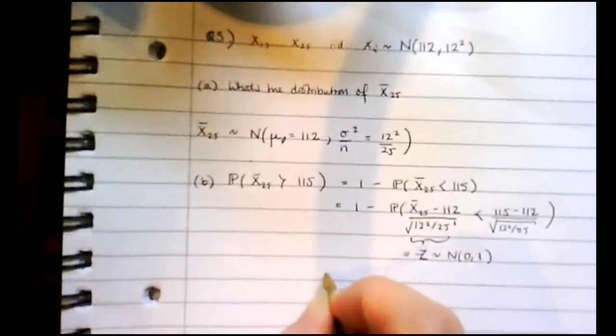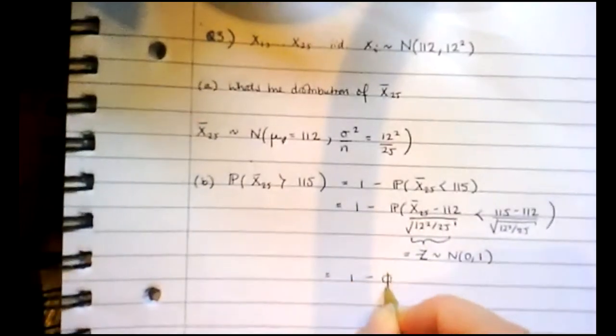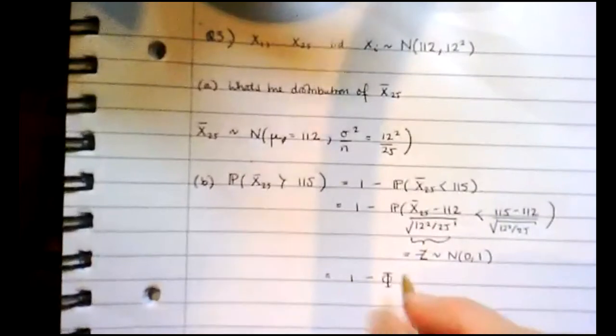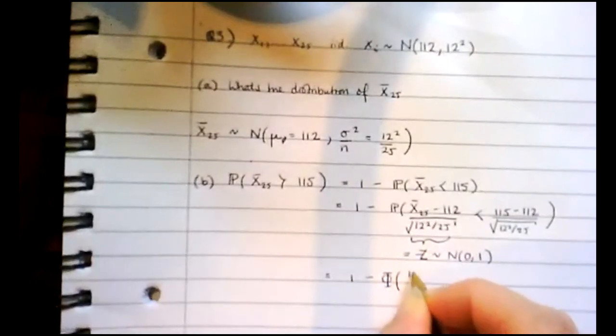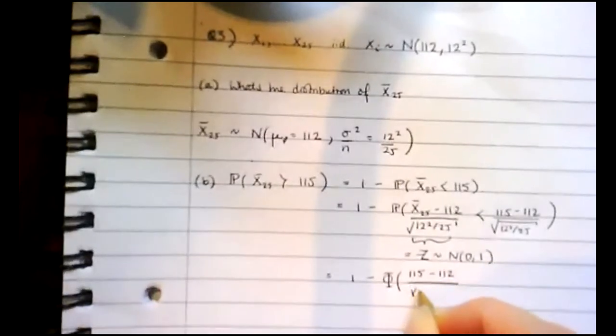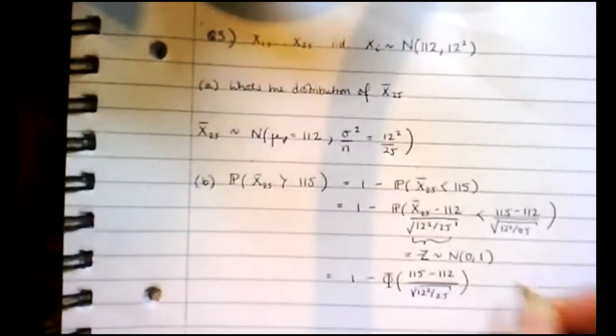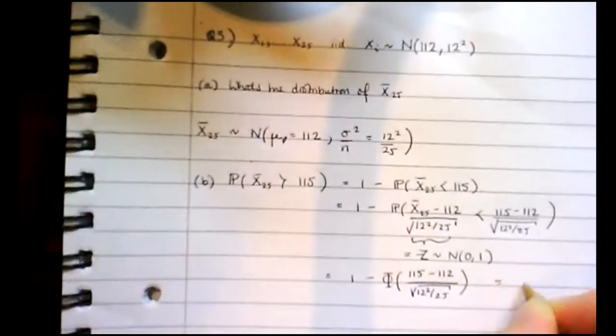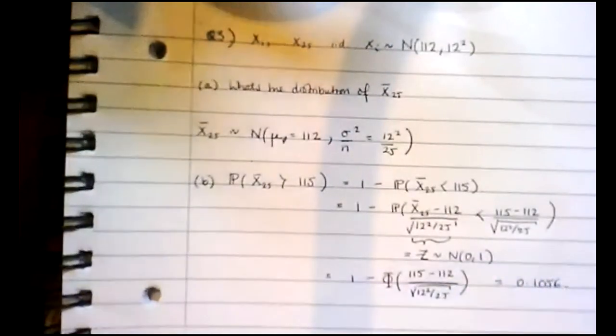So I know that this is 1 minus this one. Yep. And hopefully I'm good enough with my table to be able to find that it's 0.1057. Okay.